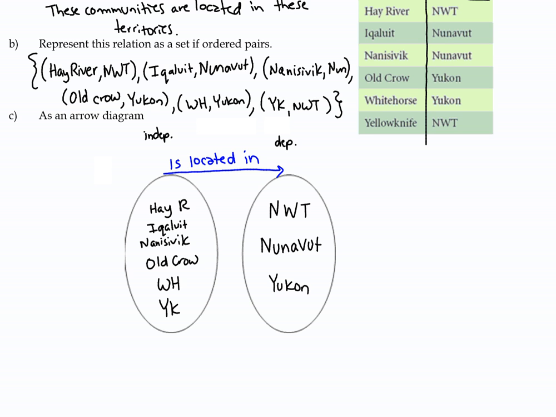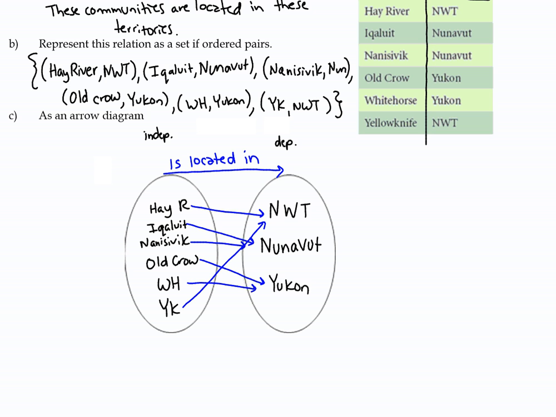It's amazing. Okay, is located in. And then we draw our arrows. So, Hay River, we're going to connect to Northwest Territories, Iqaluit, Nunavut, Naniscavit, Nunavut. Old Crow goes to Yukon. Whitehorse is Yukon. And then Yellowknife, Northwest Territories. That's it. Pretty simple, right?